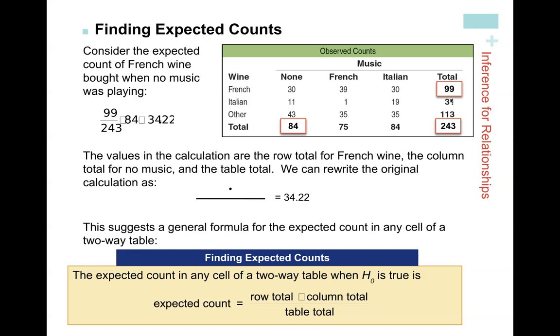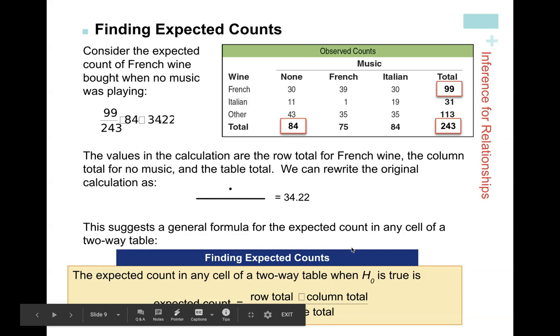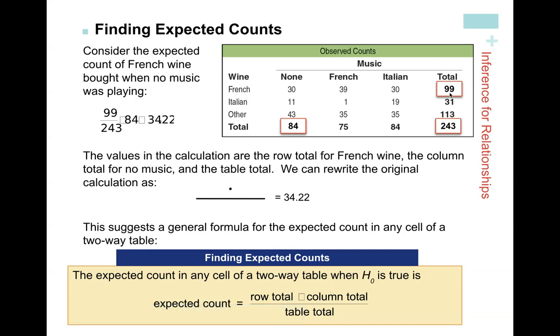Really what we did was row total divided by total times column total, but that's mathematically the same as row total times column total divided by total. Conceptually, it's easier to understand if you look at the marginal distribution of the row, then apply that to the column total.